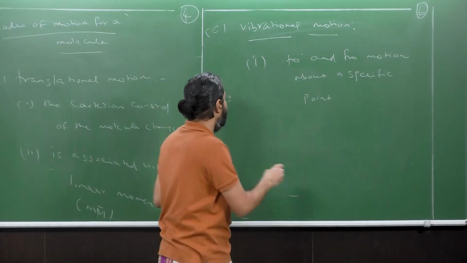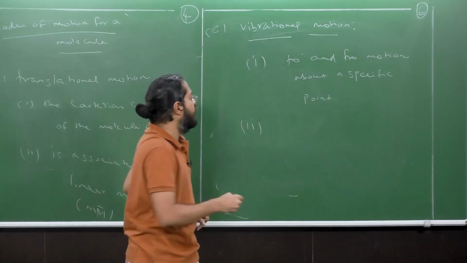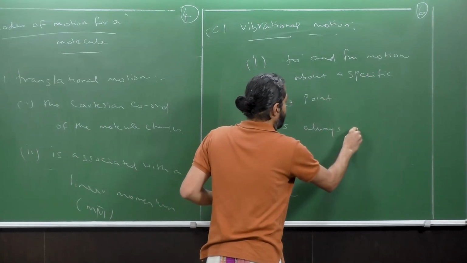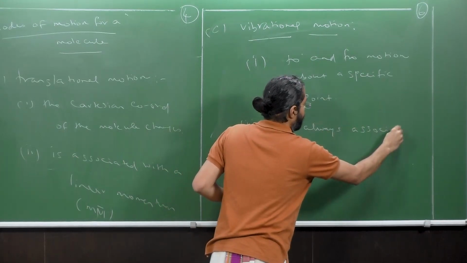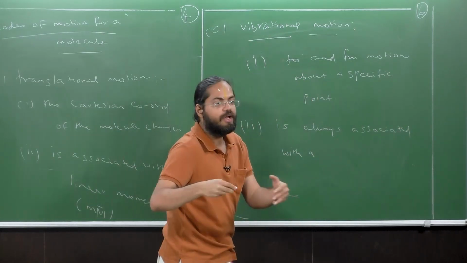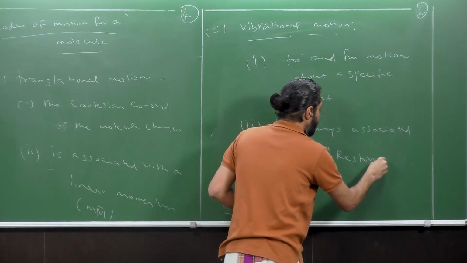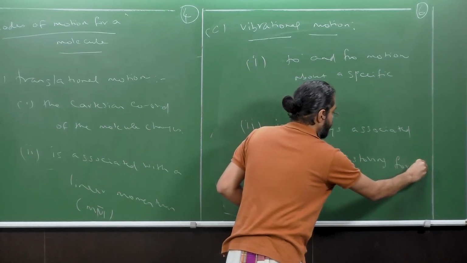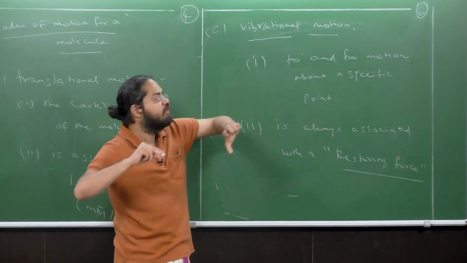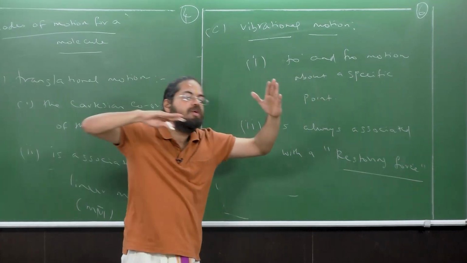Yet another feature of vibrational motion is that it is always associated with some kind of a restoring force. Now, why is it called a restoring force? Because it is the force that restores the motion. If it's going in one direction, it has to be restored to another direction.